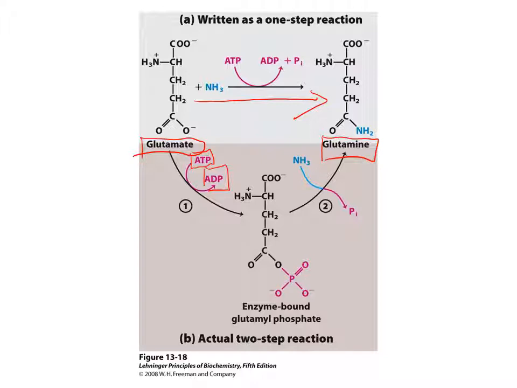Well, because we have a glutamate here, and glutamate right here has a negative charge, we basically transfer that phosphate onto the glutamate, making an ester bond. So this is a glutamyl phosphate. Now, this glutamyl phosphate is a very high energy molecule.